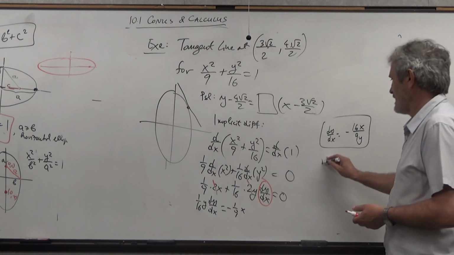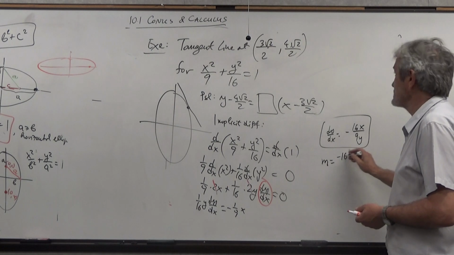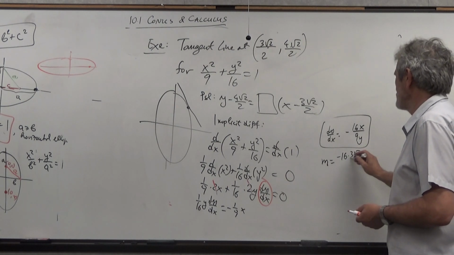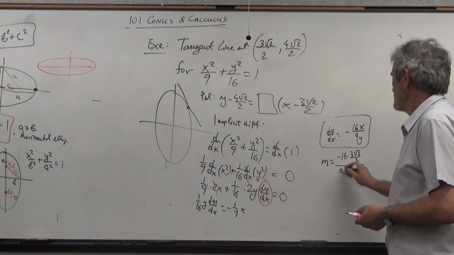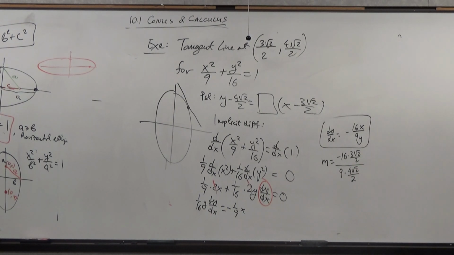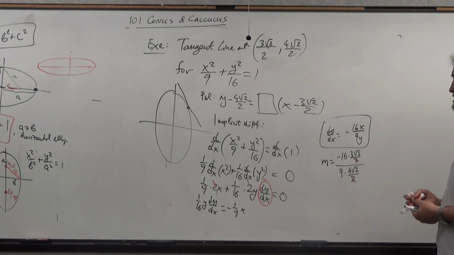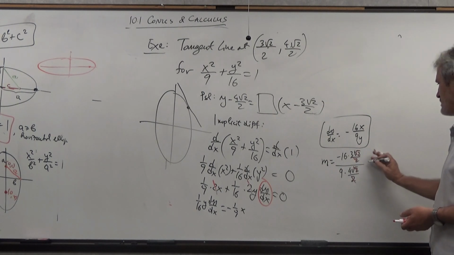So my m, I'll get when I plug in the coordinates: minus 16 times 3 root 2 over 9 times 4 root 2 over 2. I plug in the specific coordinates, and then I can cancel this 2 and this 2. I can then cancel the root 2s. And then also what else?